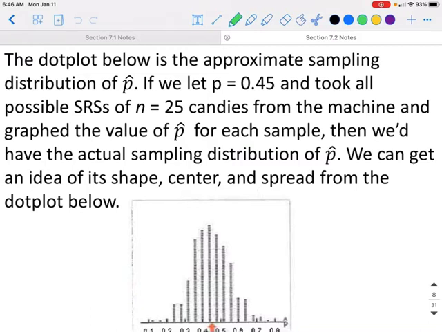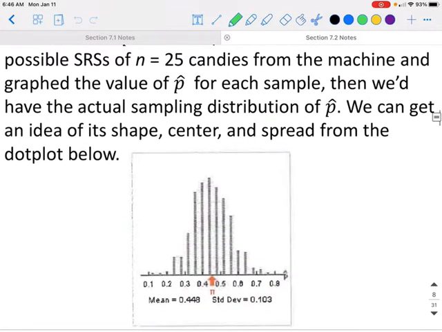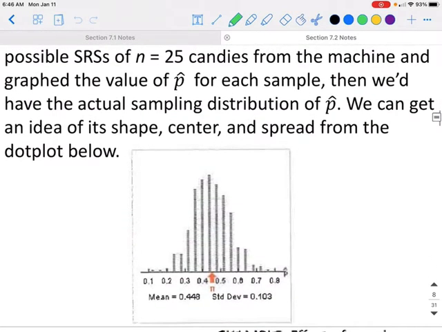We can get an idea of its shape, center, and spread from the dot plot below. So again, this is just our approximate sampling distribution. It is not the actual sampling distribution, since this is not all possible samples of size 25.